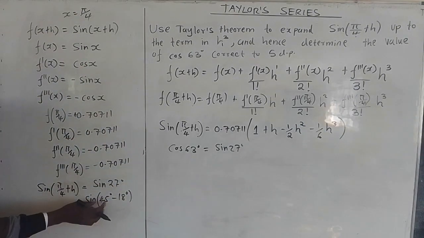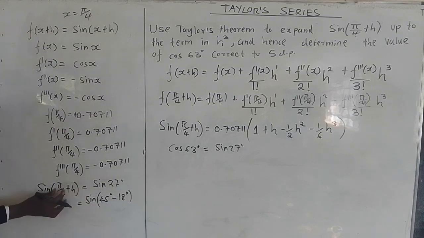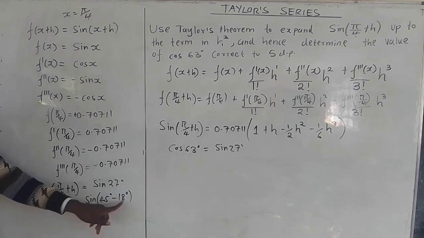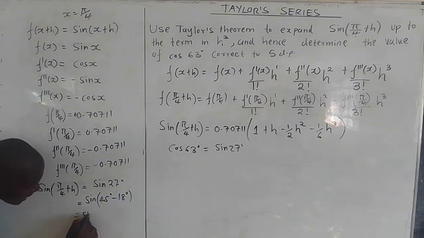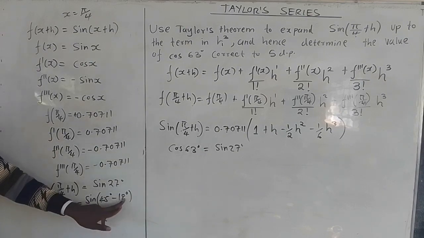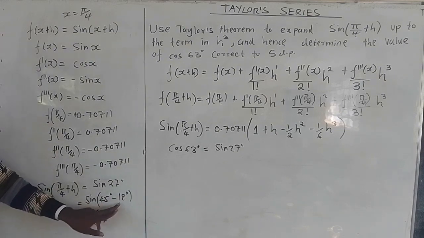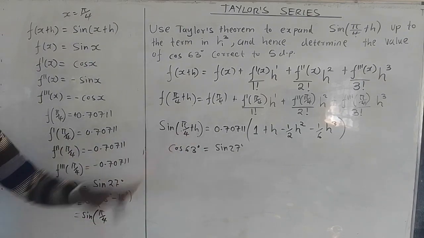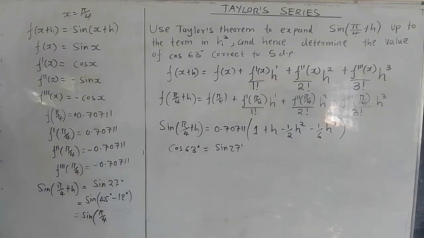So from here, 45 degrees is already converted for you to pi over 4. Then it is this h you now convert. So negative 18 is going to form the value of h. Is that okay?